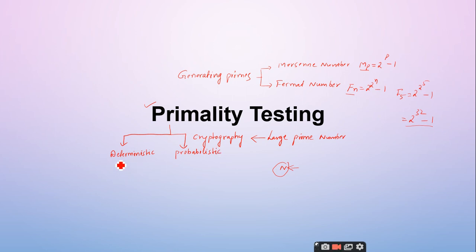We have only two algorithms under deterministic, and around 3 to 4 algorithms under the probabilistic category. So we should know what a deterministic algorithm is, and what a probabilistic algorithm is. So what do you understand by the term deterministic?